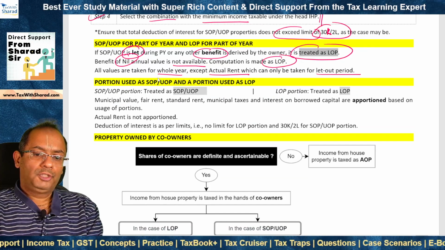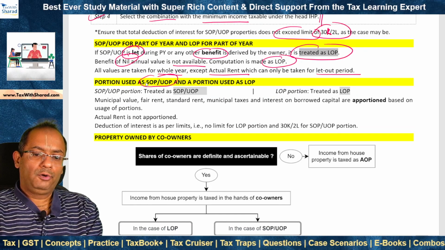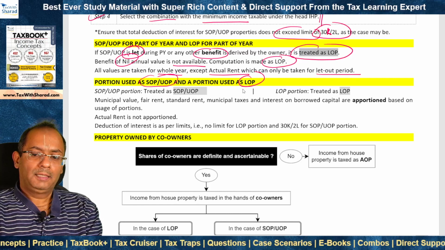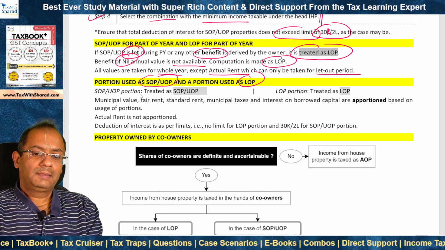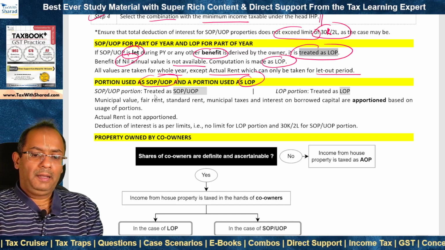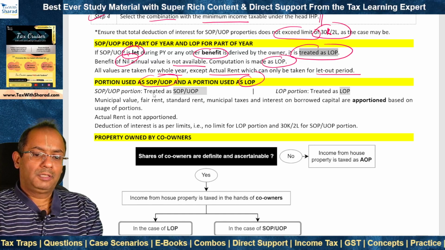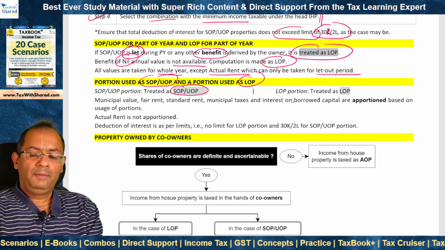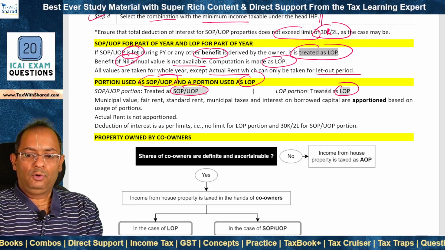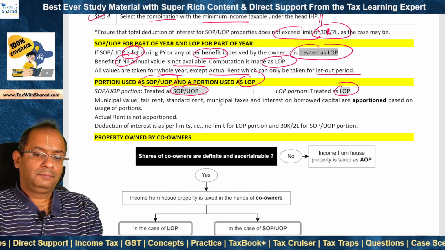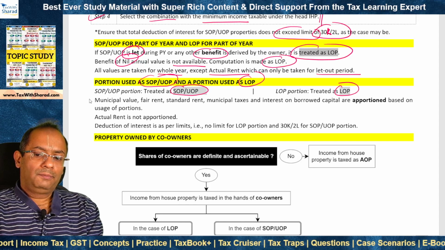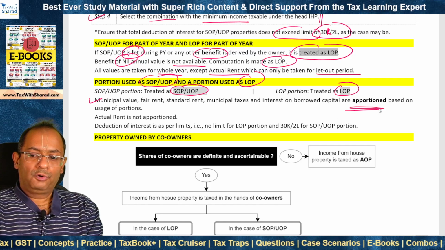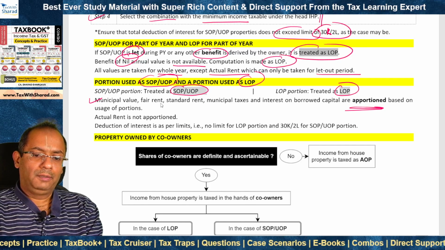What happens where a portion is used as SOP or UOP and a portion is used as LOP? In that case, we treat the different portions differently. So SOP UOP portion is treated as SOP UOP, LOP portion is treated as LOP, and computation is made accordingly. So therefore, the values are apportioned.